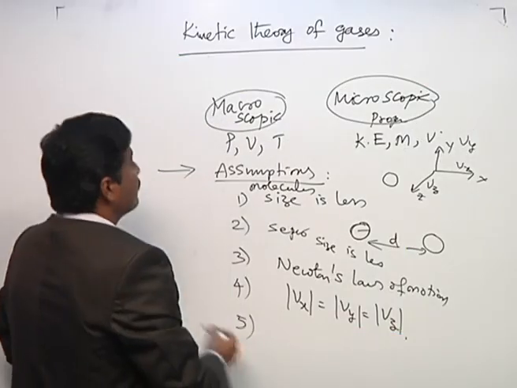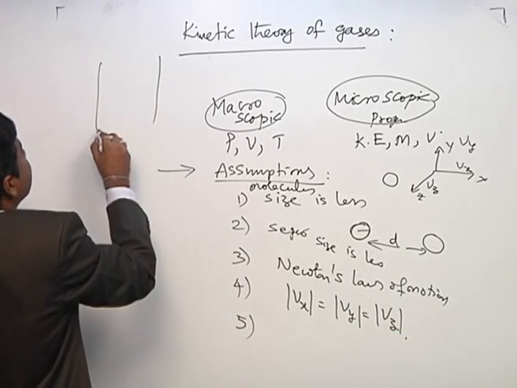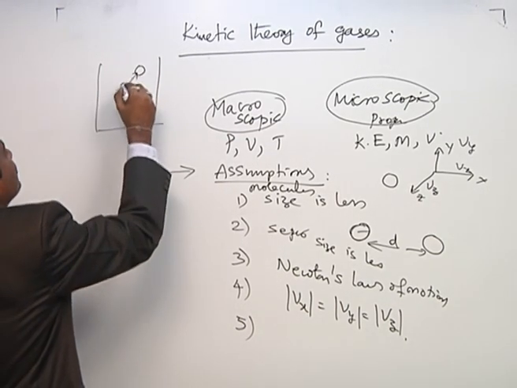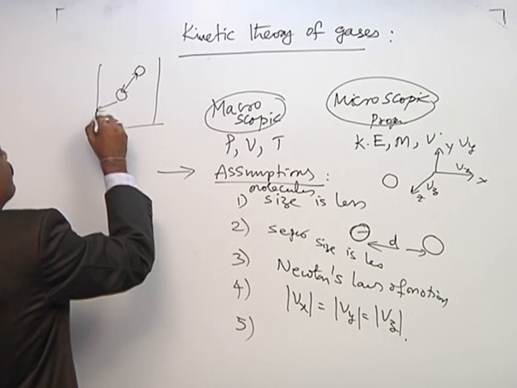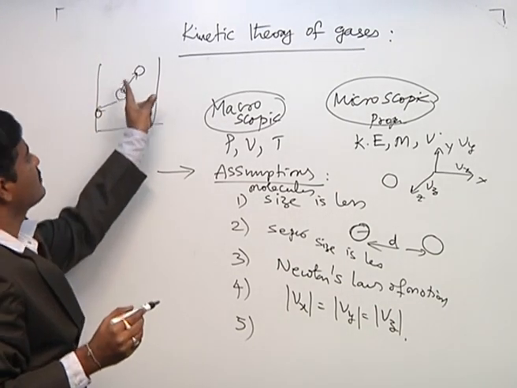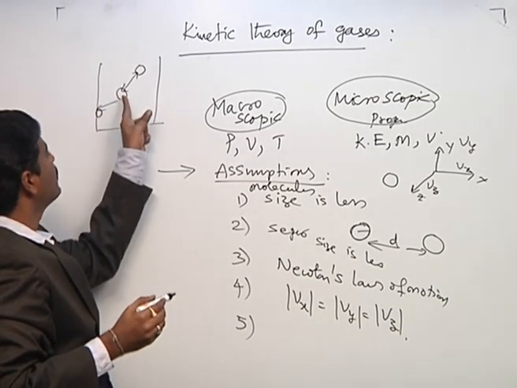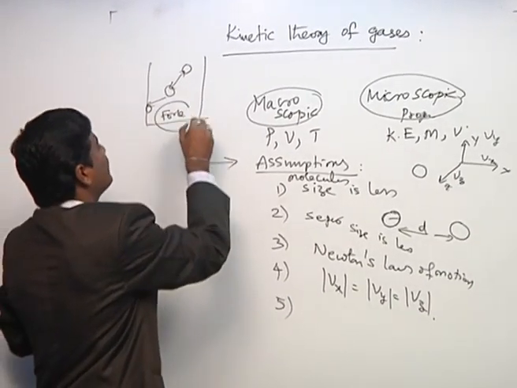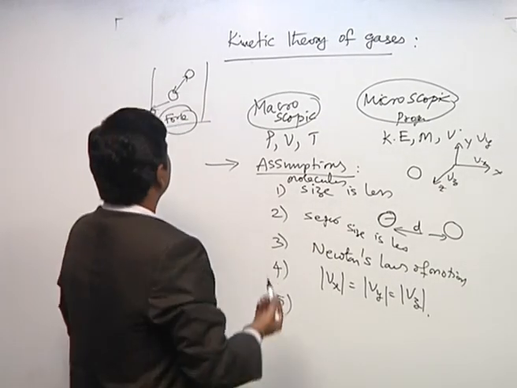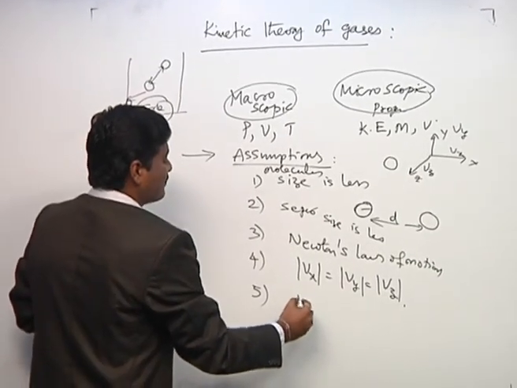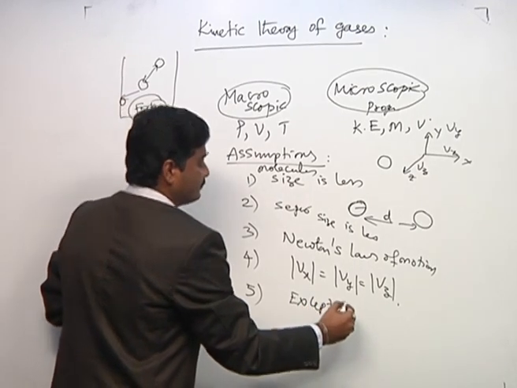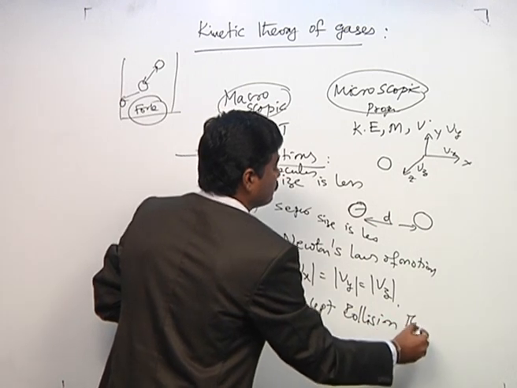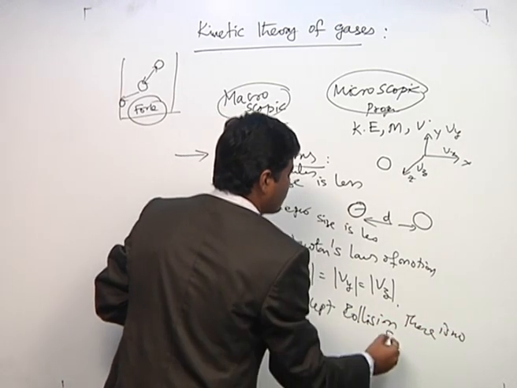Next, suppose this is the vessel, this is a molecule and this is another molecule. Let there be a collision between these two molecules, and also a collision with the wall. Only when a collision takes place between two molecules, or between a molecule and the wall, does a force exert. Otherwise, we can neglect the force. This is another assumption: except during collision, there is no force exerted.